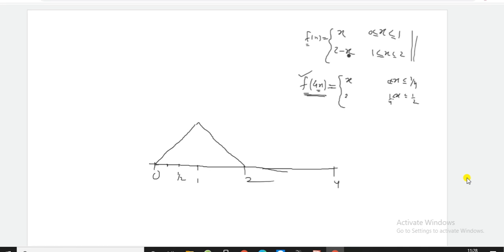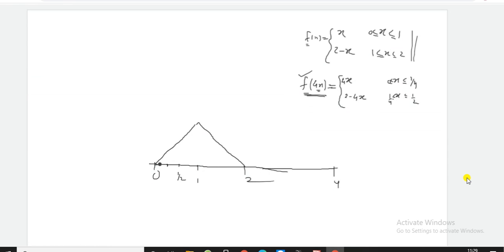When you will reach x equal to half, I think it is 4x, sorry. So it is 4x. And when 1/4 to 1/2, it is 2 minus 4x. Yeah. So when you reach 1/2, it is 0, and at 1/4, it is 1.